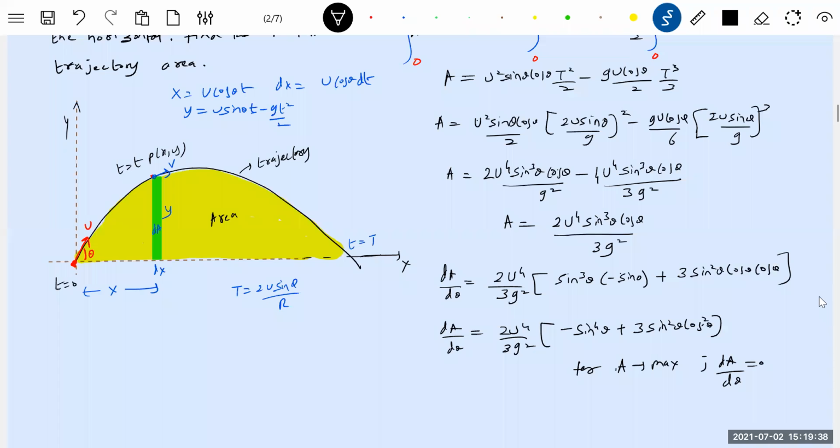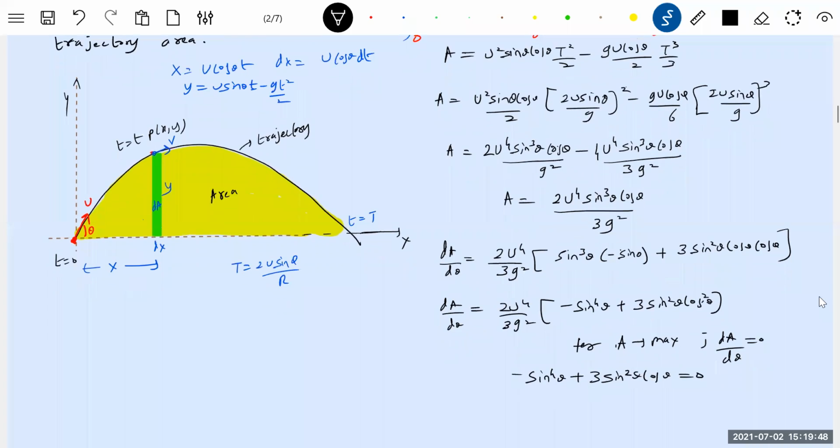Equating this, solving, this will be minus sine to power of 4 theta plus 3 sine square theta cos theta equal to 0. So tan theta is equal to 1 by root 3. Sorry, only root 3 it is. So theta equal to 60 degrees. So we'll calculate that maximum area. Theta equal to 60 degrees, we have to substitute. Anybody? Value? Maximum area?